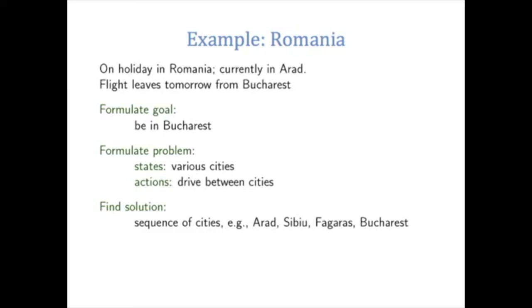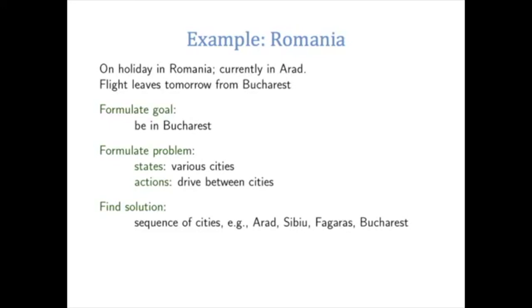In other words, we're in Arad or we're in Sibiu or something like that. And the actions, that is, the things that can take us from state to state, would be to drive between cities. And our purpose, therefore, is to find a solution which would be a sequence of actions that would take us from Arad all the way to Bucharest.